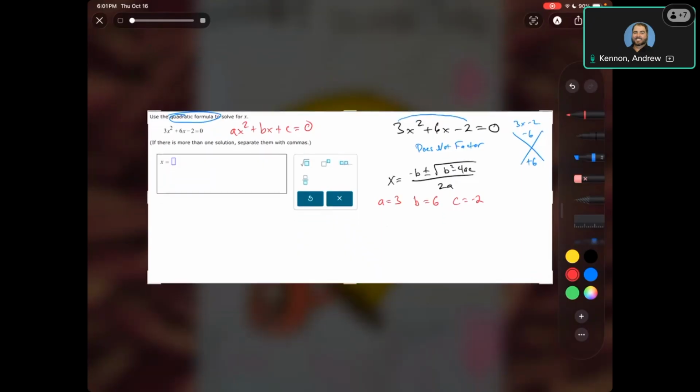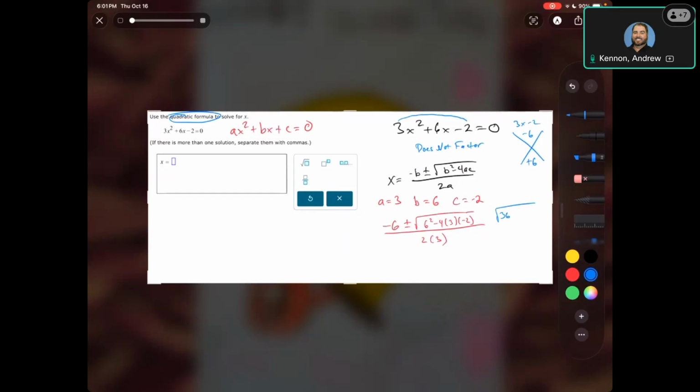All right, so the opposite of b is 6, so I'm going to do negative 6 plus or minus b squared minus 4 times a times c all over 2 times a. Now, the way that I try to make this easier is I pull the radical part to the side and say, okay, 6 squared is 36.